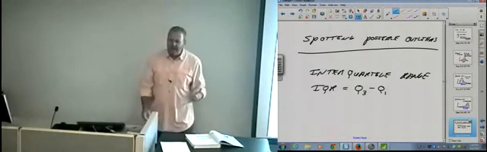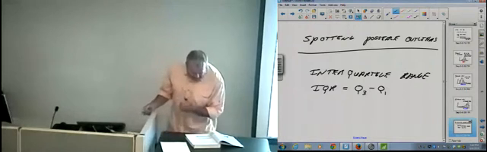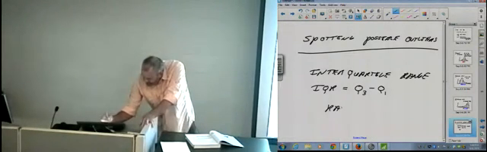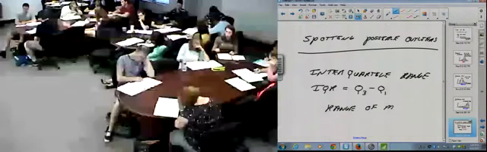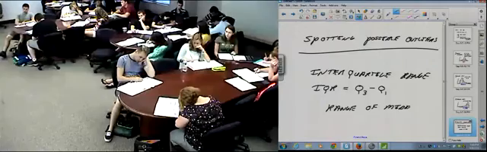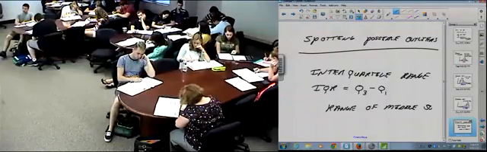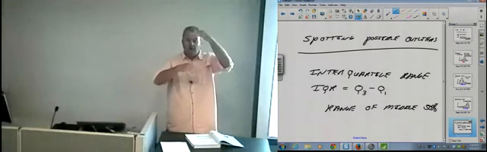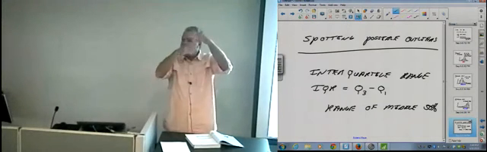That is the spread. I'm going to write this down. This is the range of the middle 50%. It's what you're seeing in your box plot. Third quartile minus the first. It's that range. It's that spread.